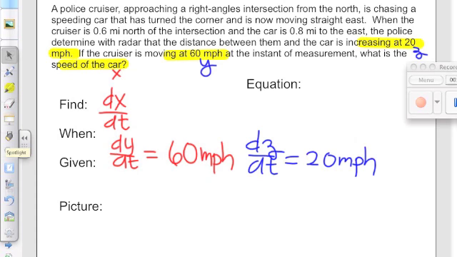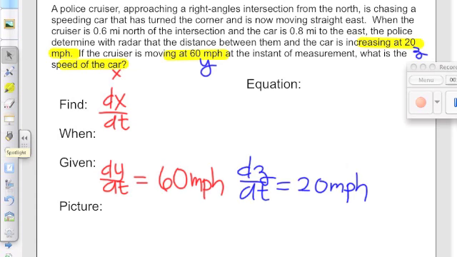Well, when the cruiser is 0.6 miles north and the car is 0.8 miles east, that's when I'm trying to take a look at these rates. The cruiser is which variable, x or y? It's y.